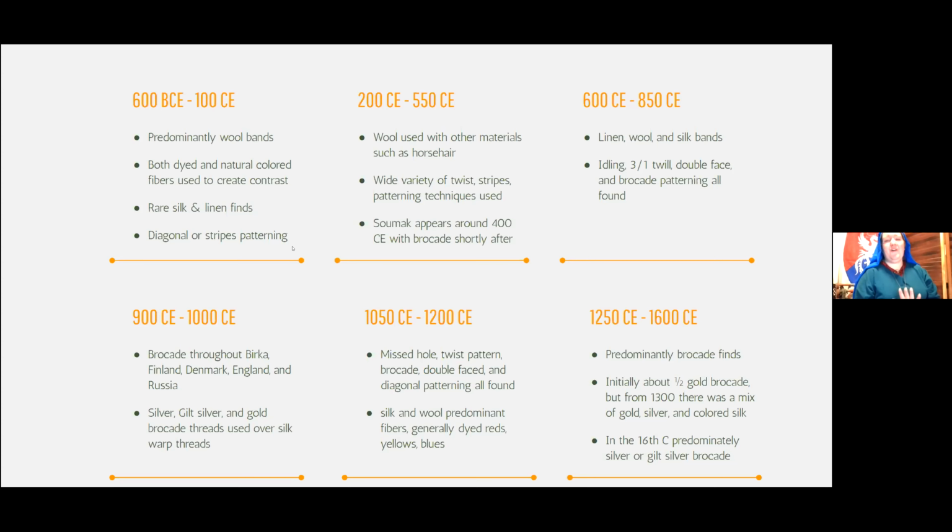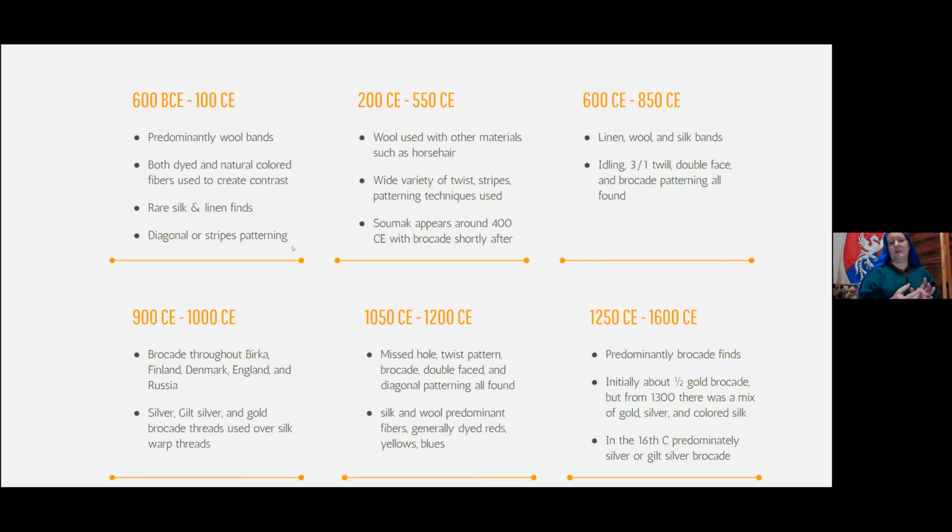We see all kinds of patterning being used in this early period. We see twist, we see stripes. About 400 CE, we start seeing sumac, and that's where the threads are just twisted around a section of the band. And instead of going all the way across like a weft thread, they're wrapped around a little section on the back.